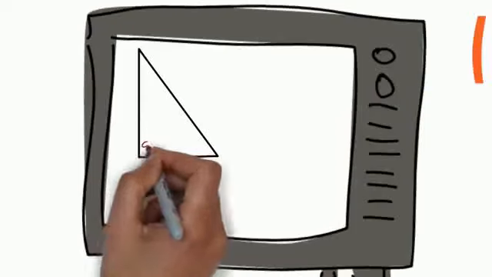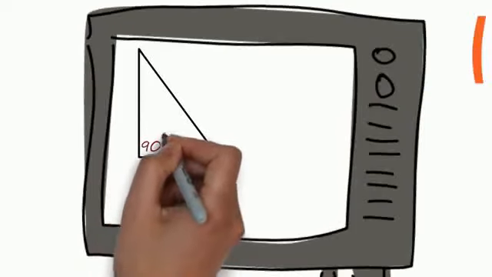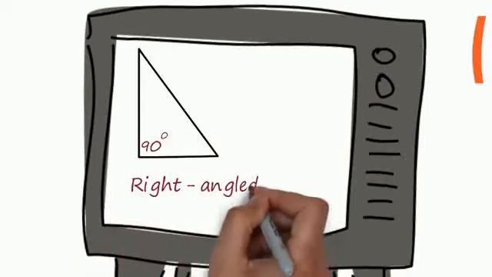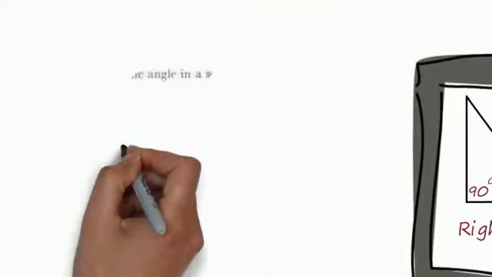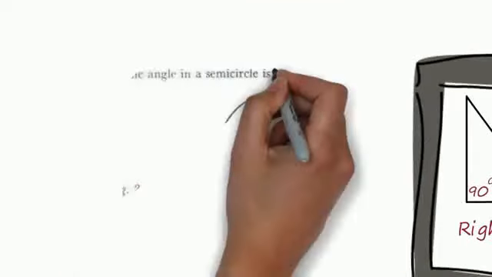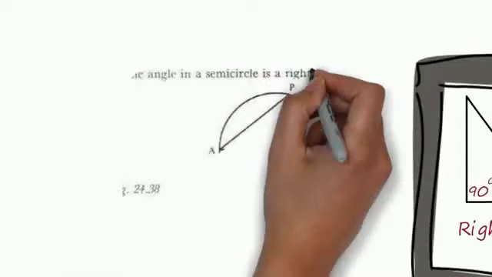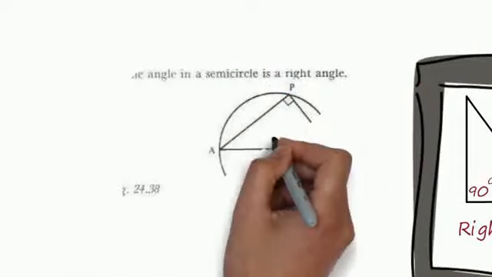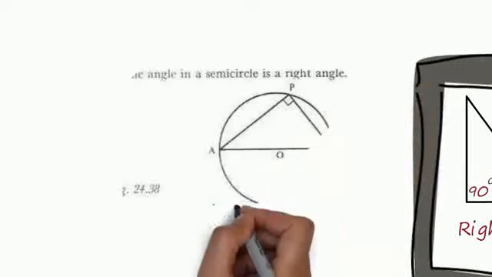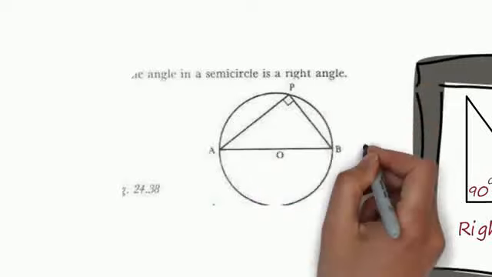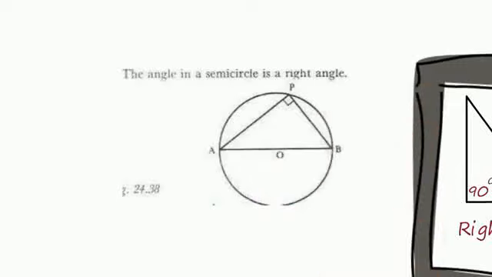Now, triangle number 1 is a triangle that is 90 degrees, and we call it a right-angled triangle. If you recall circle geometry, there is a theorem number 3, that of a circumcircle, where we have a circle and a triangle in between, but that triangle passes through the center.